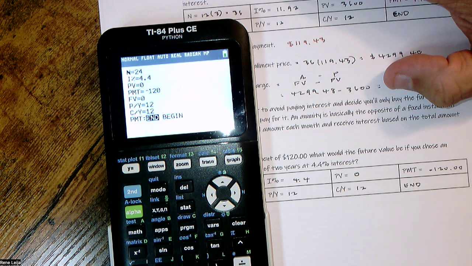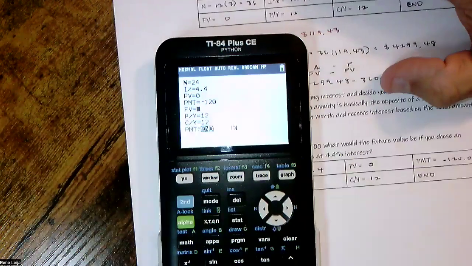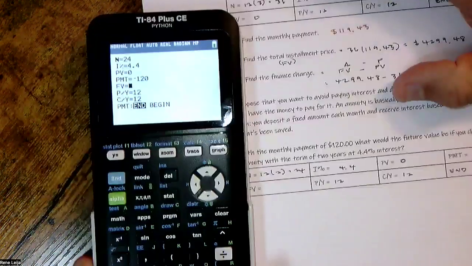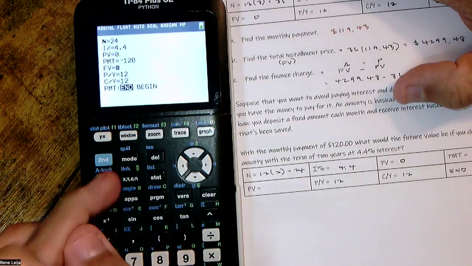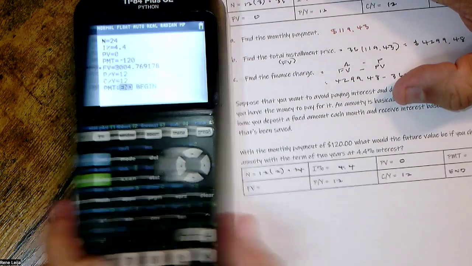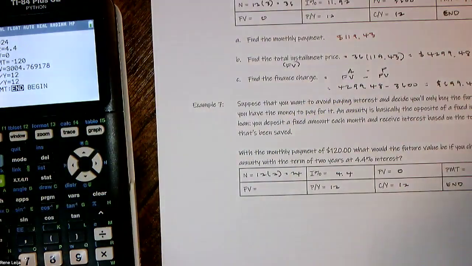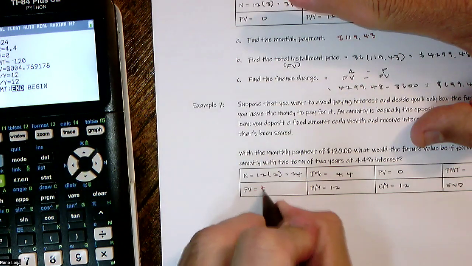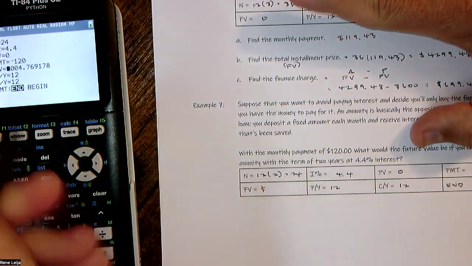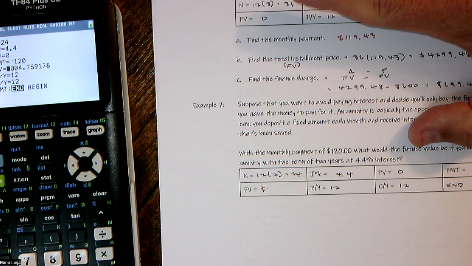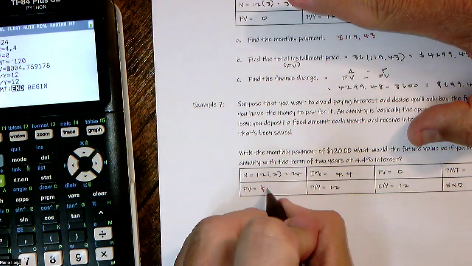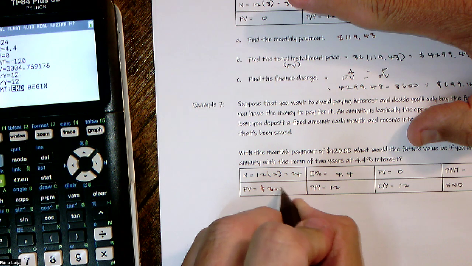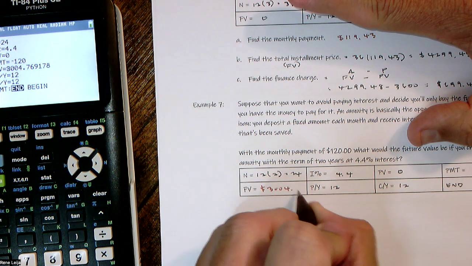And then I have PY and CY at 12. So we're good. I'm hanging out here at FV, our future value. That's what I want. So alpha, enter. Notice how the future value is positive, and we want it to be positive because that means we're going to get some money at the end.